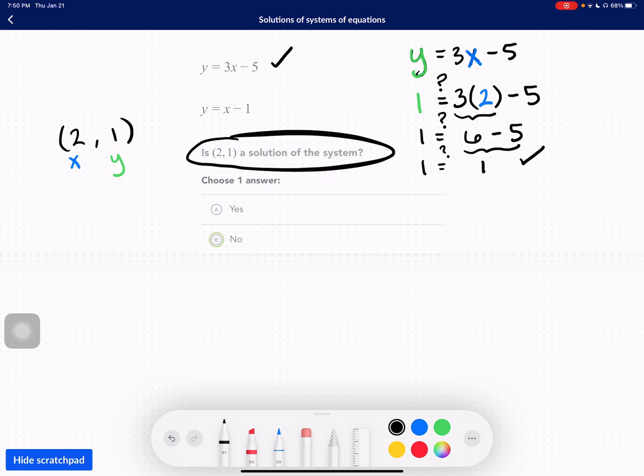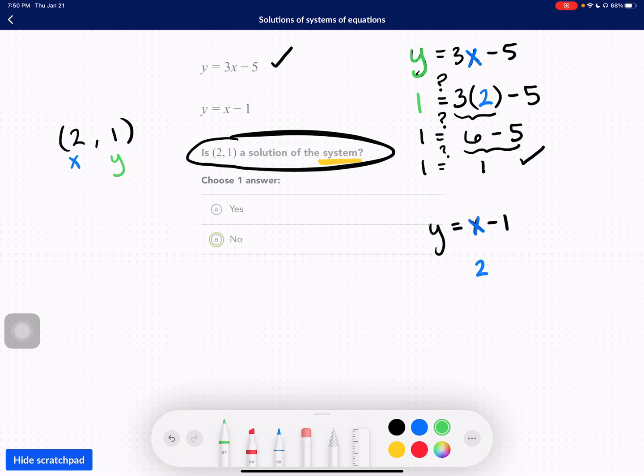But it has to be a solution of the system, which means both of those equations, okay? So once again, now I have to test y equals x minus 1. So it's just this equation right there. Same thing, I need to plug in a 2 for x. We're testing the same point.